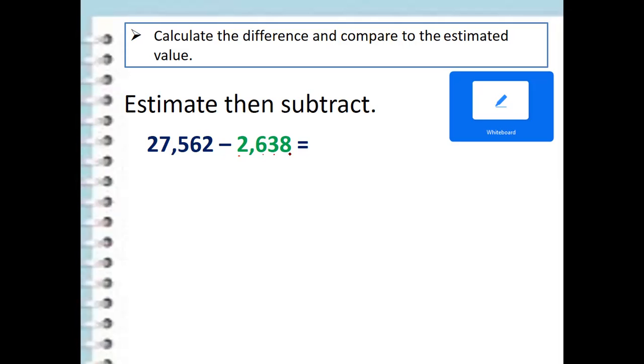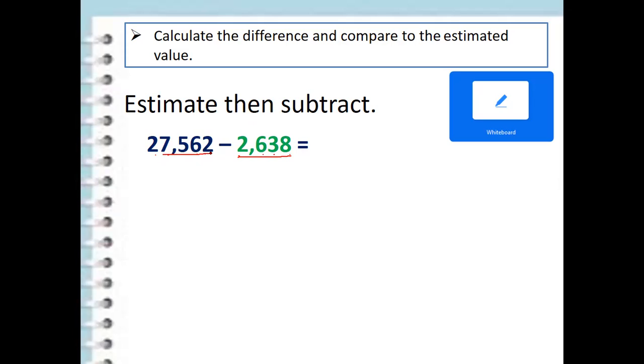So we have 4 digits, and we can round to the nearest thousand. And this one is 1, 2, 3, 4, 5, so 5 digits. We follow the least number of digits, so we are going to round to the nearest thousand.